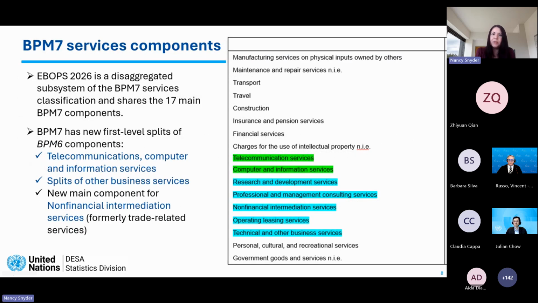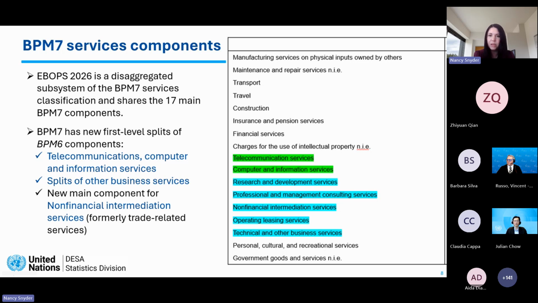So here's just a snapshot of the BPM-7 services components to give you an idea of all the different service categories that are covered. And again, EBOPS is a disaggregated subsystem of the BPM-7. And it does share all these same 17 main BPM-7 components. So from the previous BPM-6 version, BPM-7 now has new first level splits. It breaks out telecommunications services from computer and information services, and also splits other business services into several different items.